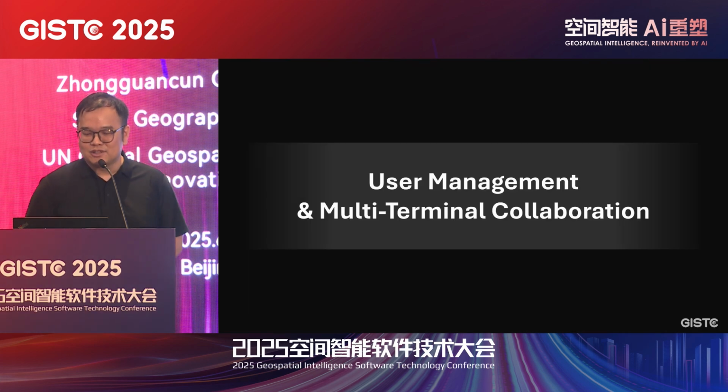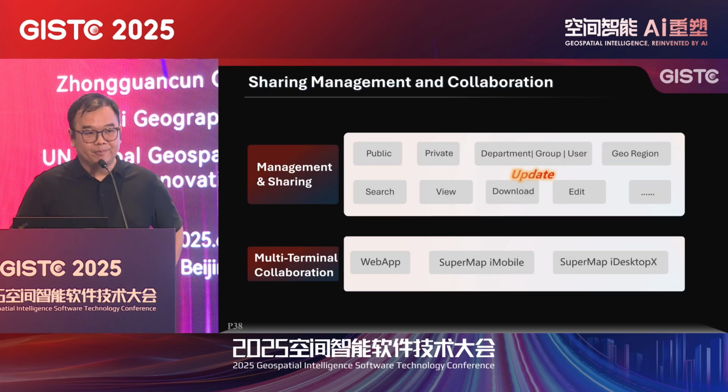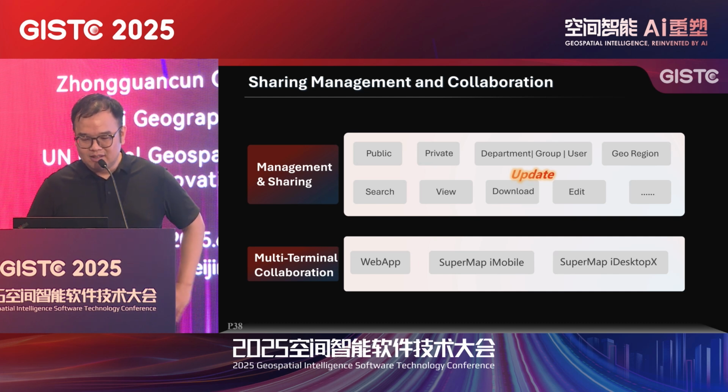So lastly, I want to quickly show you our user management and collaboration system. It's a very important module, and it's also considered one of our product highlights. Our user management model organizes users at different levels, and the resources can be isolated. For sharing, the user can share their resources with different scopes.